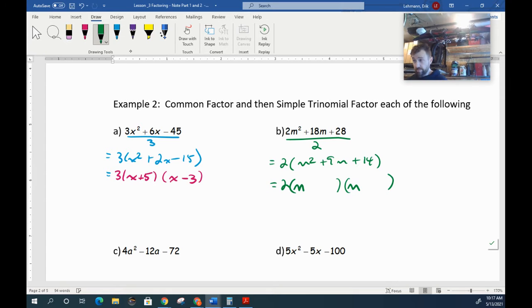M and m. 2 numbers that multiply to 14 and add up to 9. Positive 2, positive 7. Again, you're looking at your factor chart. Your factor chart's going to say 1 and 14, 2 and 7. Those are your only factors of 14. It's got to be 2 and 7.